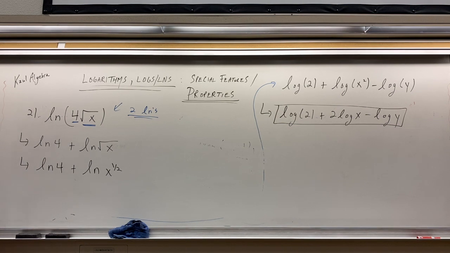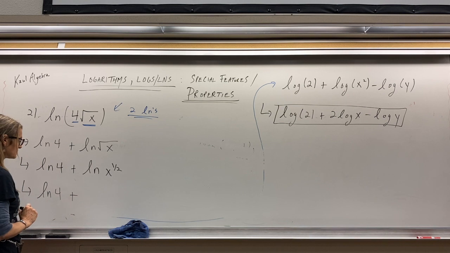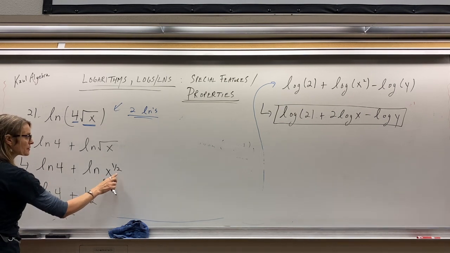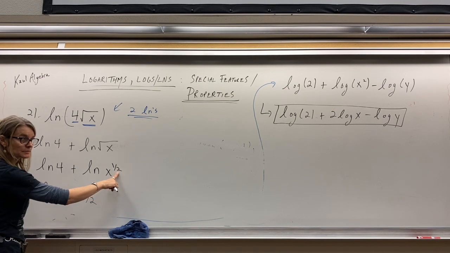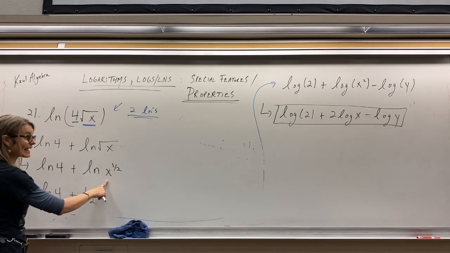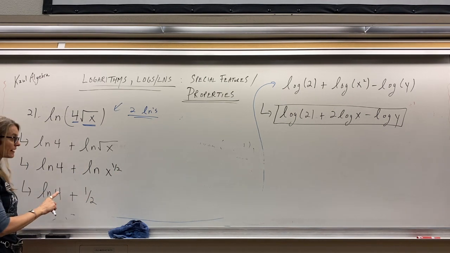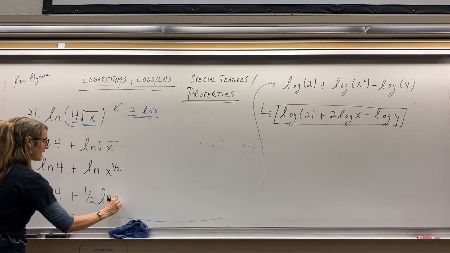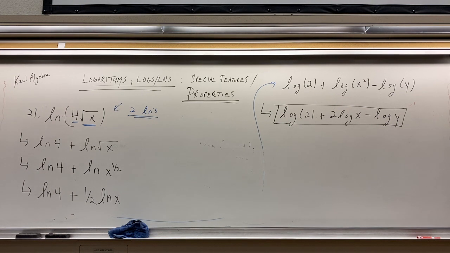Rewriting the statement leads to ln of 4 plus, applying my power rule, since I have that exponent on the argument of my natural log, the 1/2 out front: 1/2 ln x. And that would be my final answer.